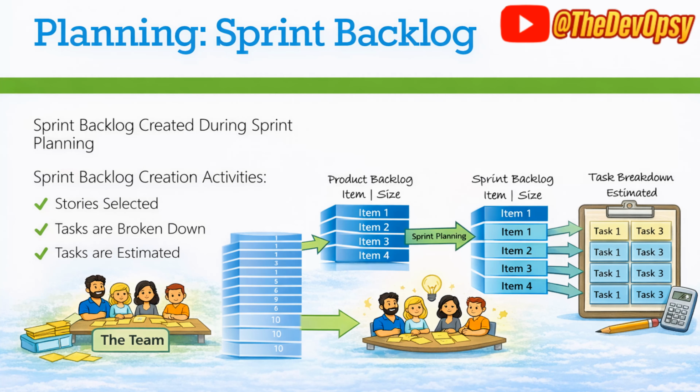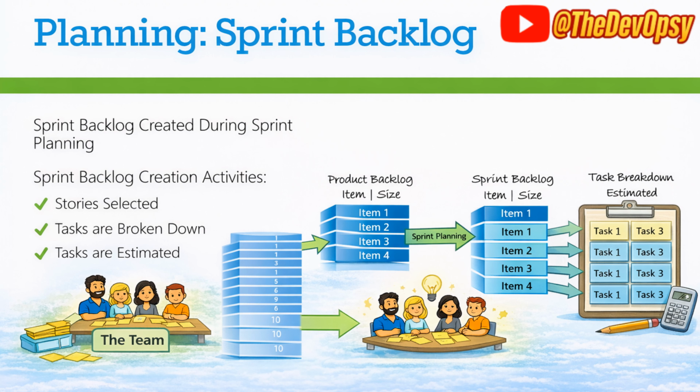Okay, so again, sprint planning, sprint backlog. The sprint backlog is created during sprint planning. What are the creation activities? Stories are selected. If you see the product backlog, we select a few stories which are important. Those stories are put in the sprint backlog. Those are the items which are the source of work in that particular sprint.